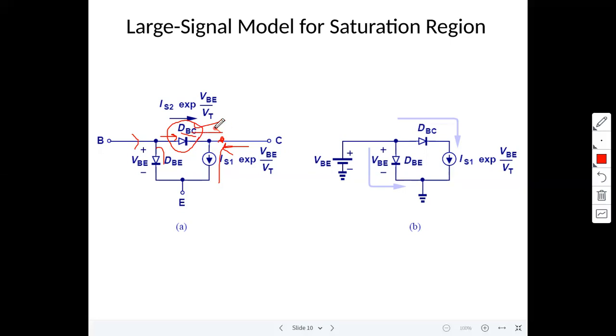This current will oppose the IC, so it will reduce the net amplitude of IC current. Remaining expressions are all same as already derived. What is collector current? IS, reverse saturation current, into exponential VBE by VT. Similarly, this one is IS2, exponential VBE by VT.